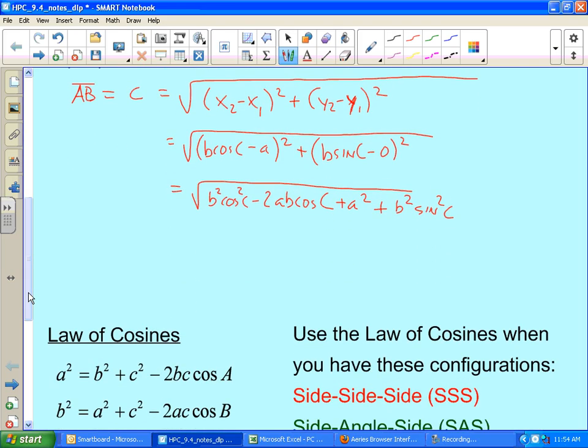So then we look down here. We're going to separate things just a little bit. I'm going to write b squared cosine squared C plus b squared sine squared C minus 2ab cosine C plus a squared.